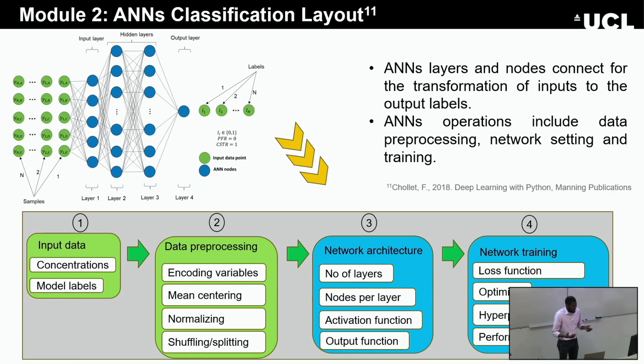And then we have in the network architecture the number of layers, number of nodes. We specify the activation function as well as the output function before we go ahead and start optimizing the network using the loss function, the optimizer, as well as trying to monitor the progress of the network training.